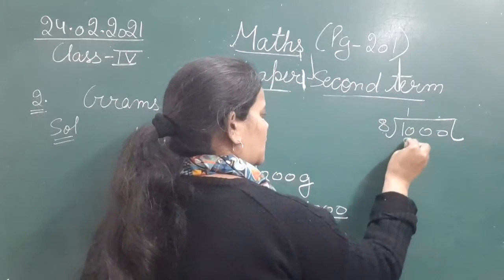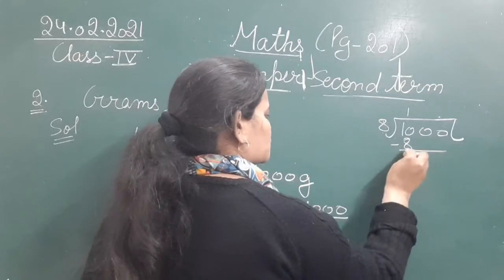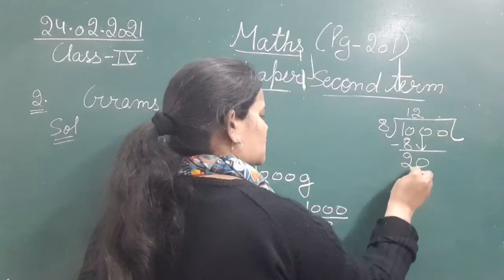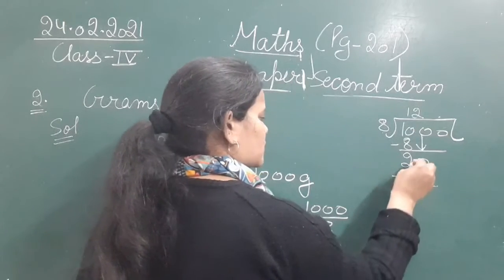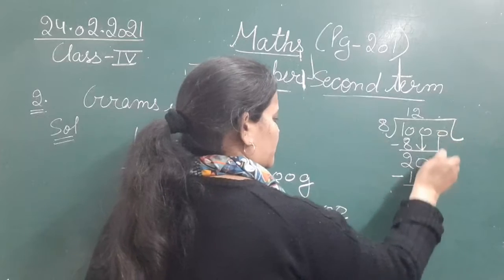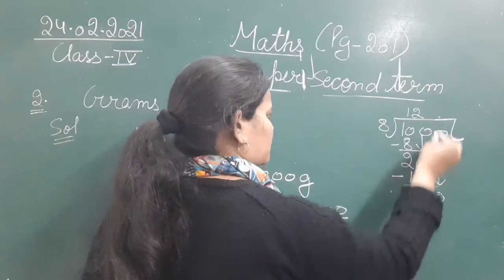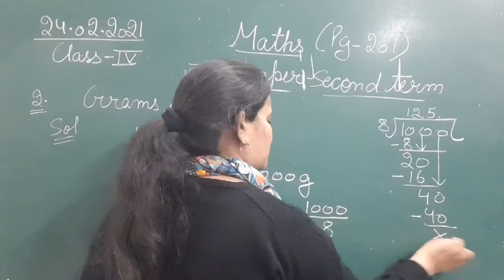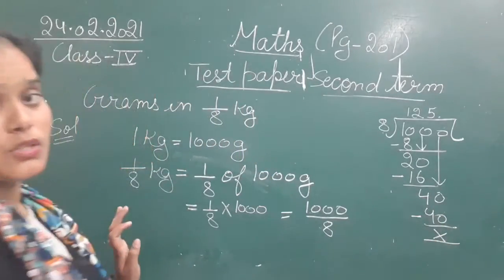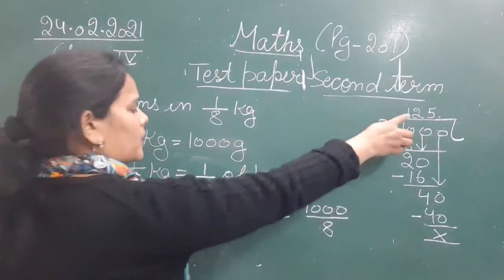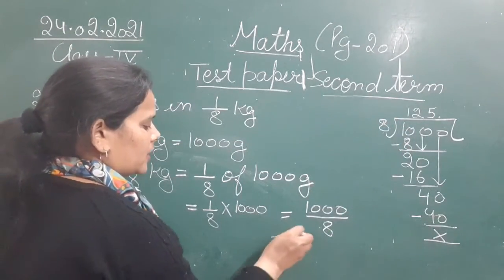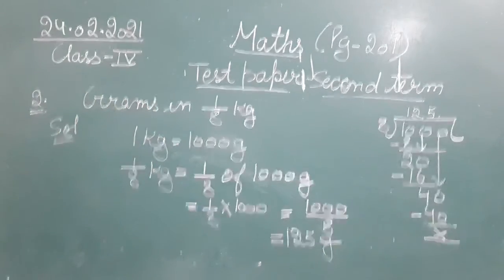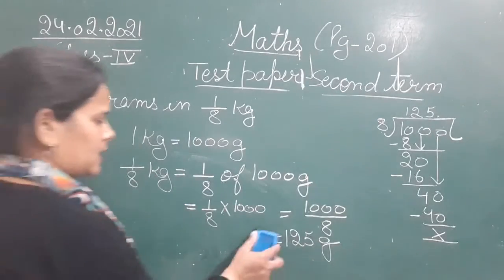8 ones are 8. 10 minus 8, 2. Bring down the 0. 8 twos are 16. 20 minus 16 is 4. Bring down the other 0. 8 fives are 40. 40 minus 40, nothing will be left. कितना आ गया? That is 125. 125 what? That will be gram. चाहे तो आप इसको यही लिख सकते हैं.